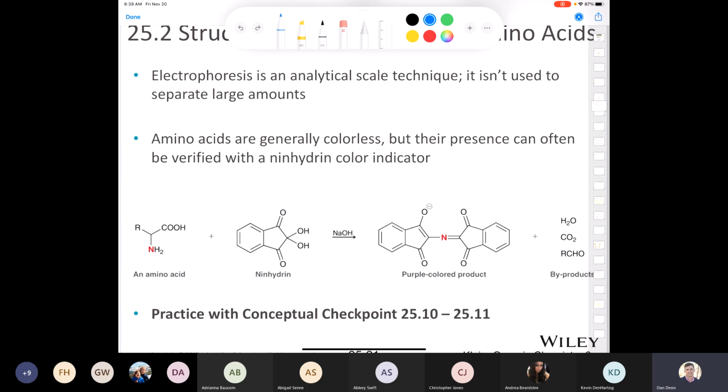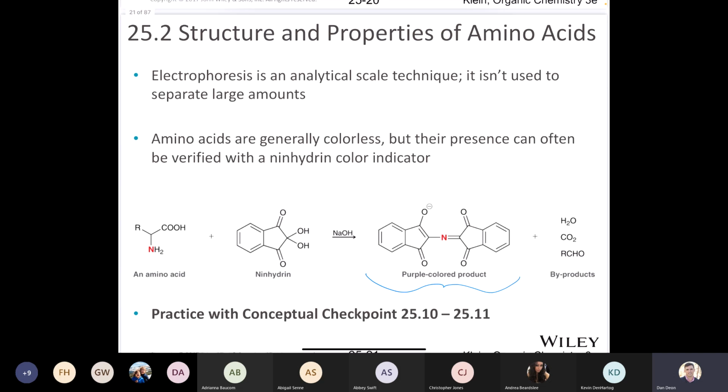What happens is it will react with the amino acid in sodium hydroxide to give this purple colored product right here. So this product has a purple color, and then you end up with the byproducts, which are water, carbon dioxide, and the R group of the amino acid. Anyhow, so that's a way to detect amino acids.